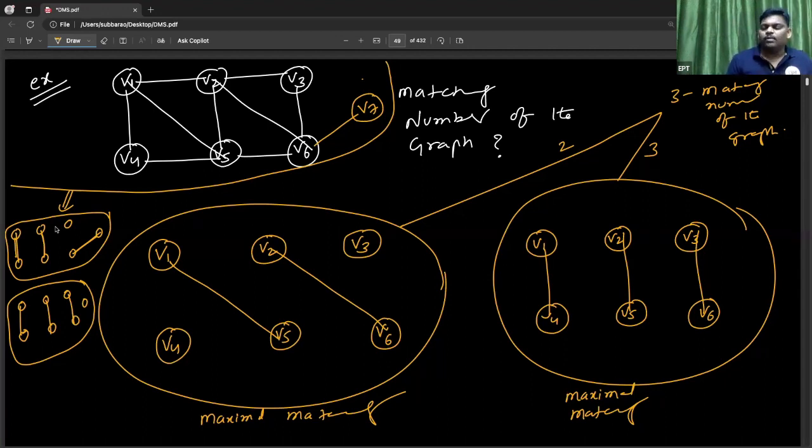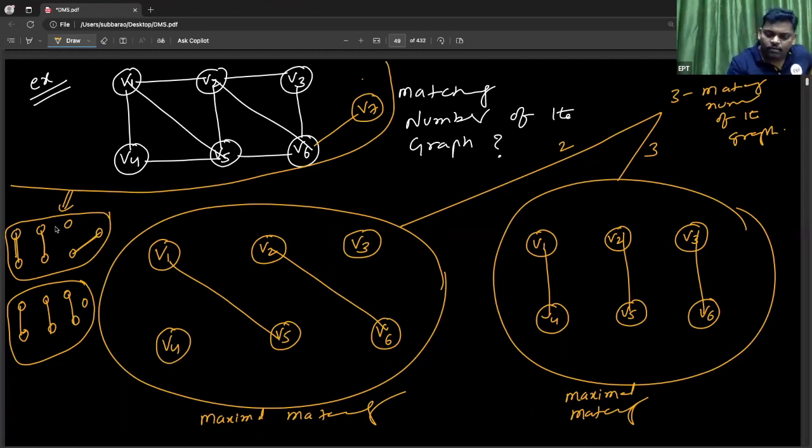It may be possible, may not be possible. If at all perfect matching is possible, then the matching number of the graph is that only, because perfect matching means everyone is covered. How many edges are there in that? That is the matching number of the graph. But sometimes perfect matching is not possible. It doesn't mean that the matching number does not exist. It is there, some number.